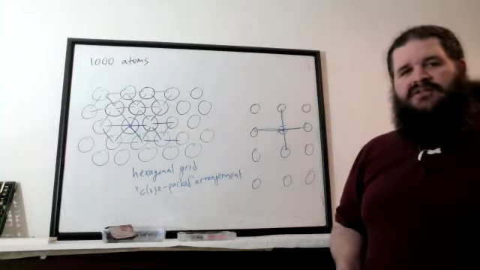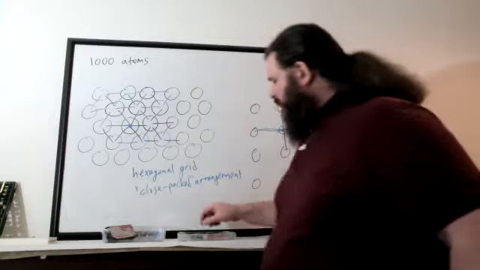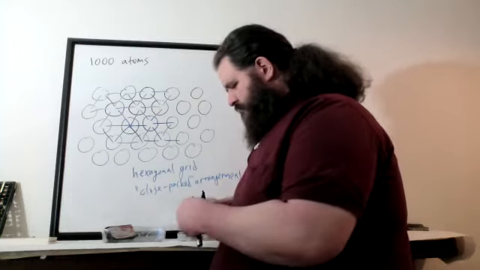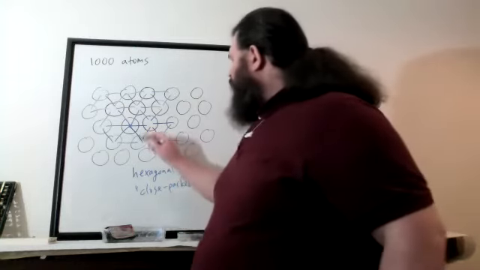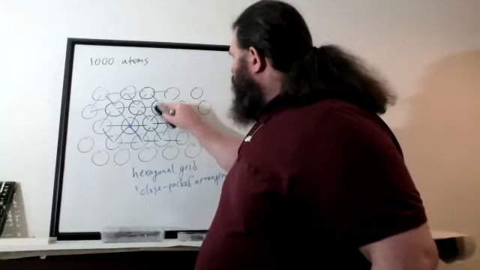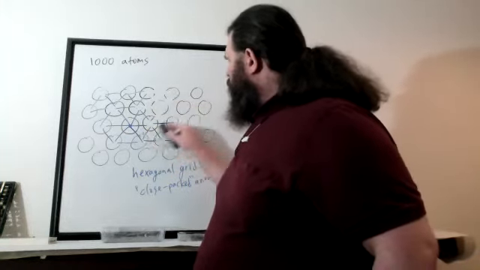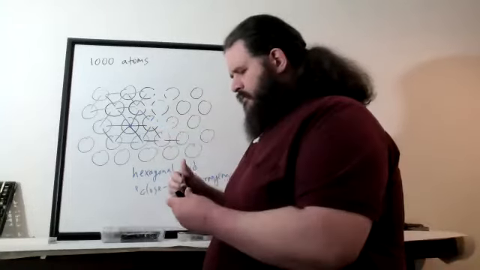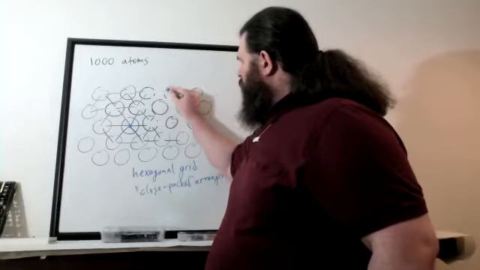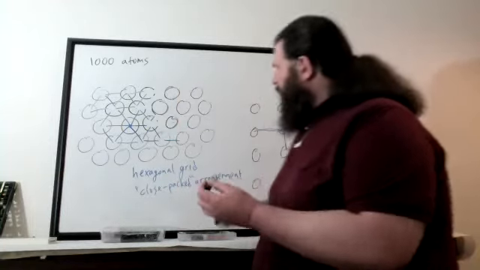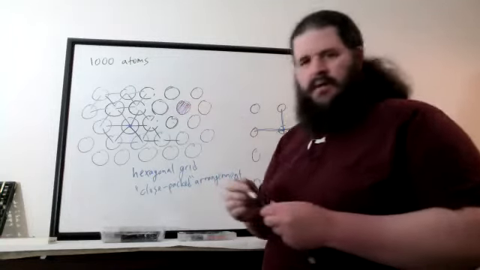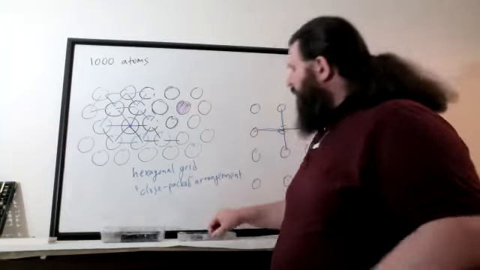But we don't live in a 2-dimensional universe. We live in a 3-dimensional universe. So if we're looking at some central atom here, let's say we're considering this as the atom we care about for the moment, that's got 6 nearest neighbors in the same 2-dimensional level.